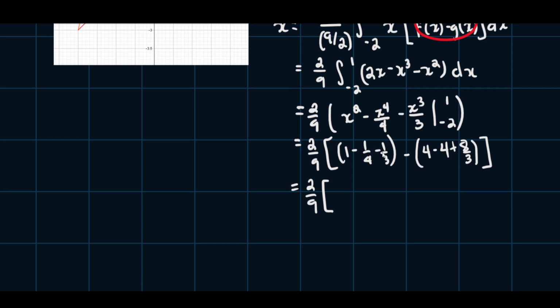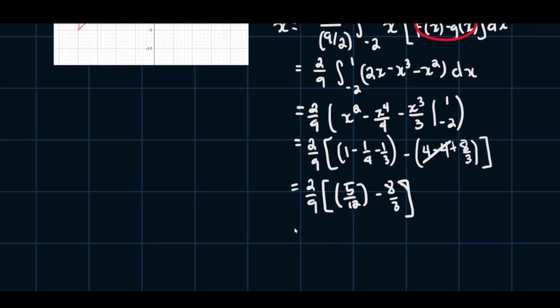That would give us 5 over 12. And then, magka-cancel to. So, we have minus 8/3.